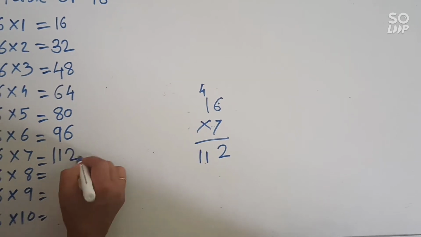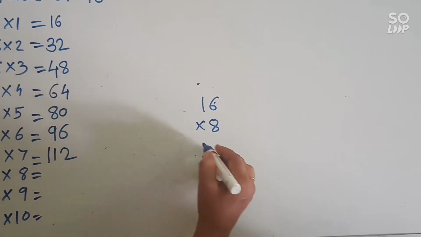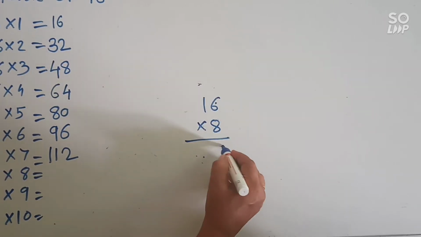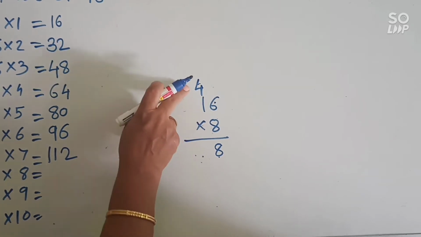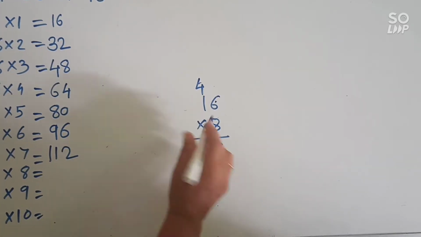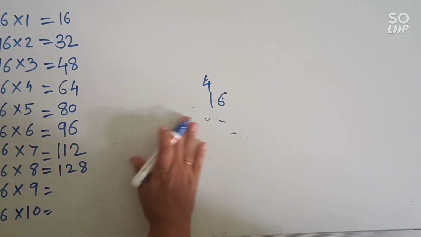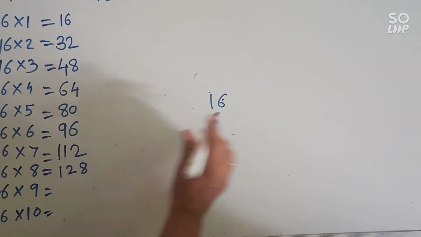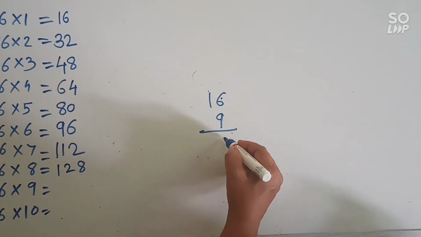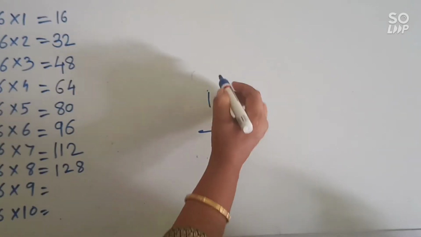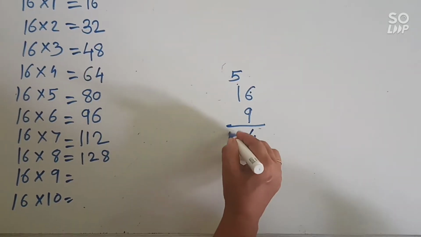112. Okay, 16 eights are 8 sixes are 48, 8 here, 4 carry over, 8 ones are 8 plus 4 is 12, means 16 eights are 128. Then 16 nines are 9 sixes are 54, 4 here, 5 carry over, then 9 ones are 9 plus 5 is 14.